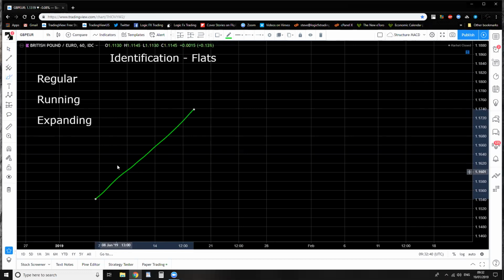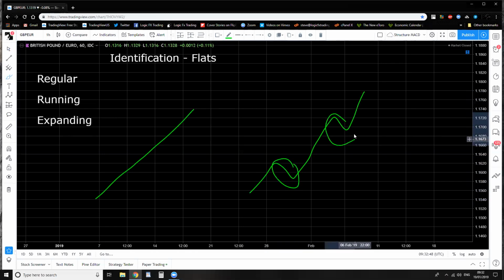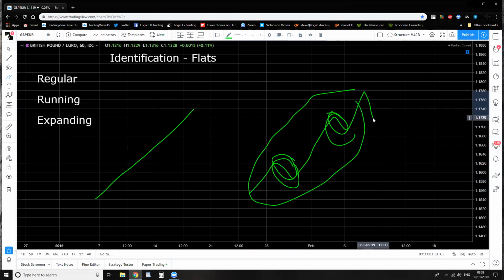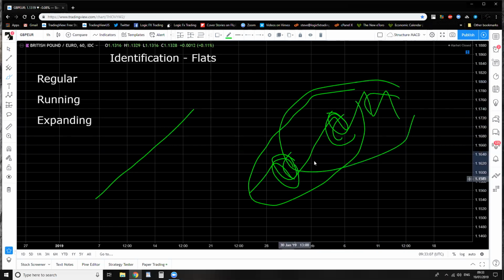As you get 1, 2, 3, 4, 5, this is where you get your corrections. And remember, it's a flat correction. We just shortened it there. So you could possibly get a flat correction in there, and in there. And then at the top, this whole move has to be corrected, so you'll possibly get a flat correction in there. So that's what we're looking at.